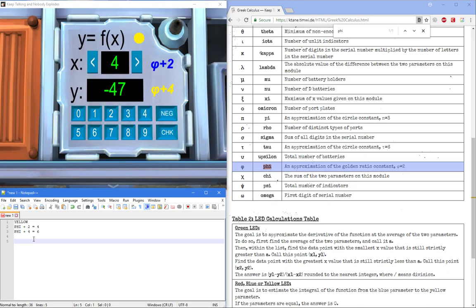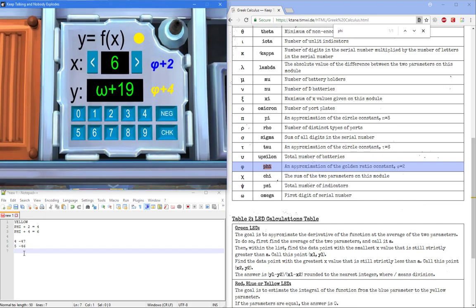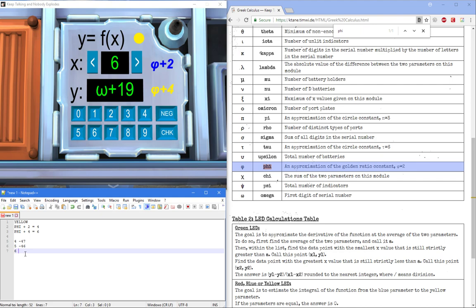And then the diffuser will tell him, okay, I got 4, negative 47, 5, negative 46, 6, omega plus 19.